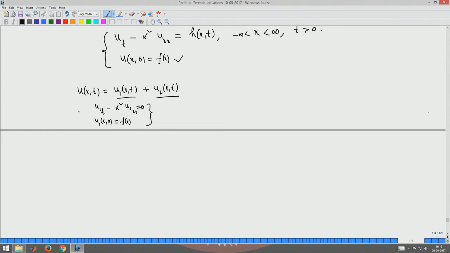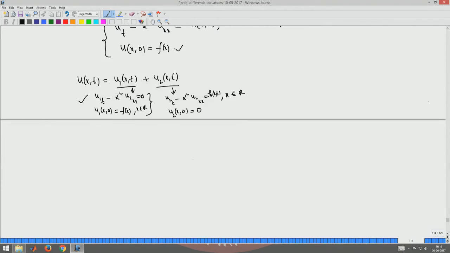So now I know this u1 of x t. And u2 satisfies the non-homogeneous equation, u2 t minus alpha square u2 xx equal to h of x t, where x belongs to R, with u2 at x 0 initial data equal to 0, so that u1 plus u2, that is u, satisfies the heat equation.